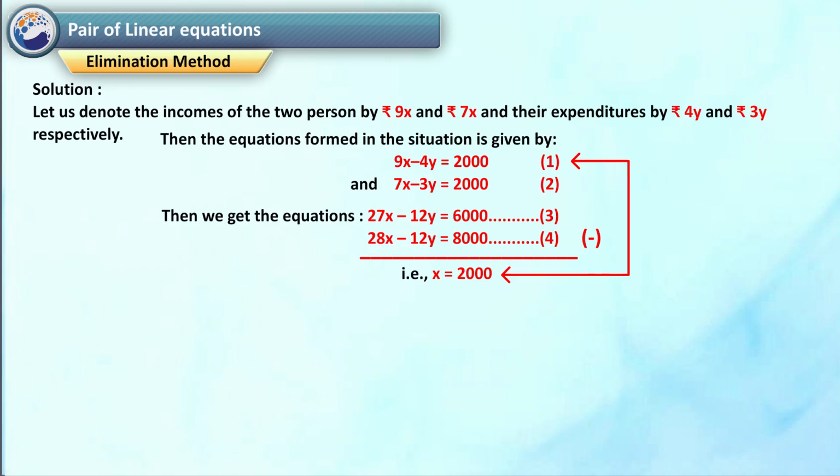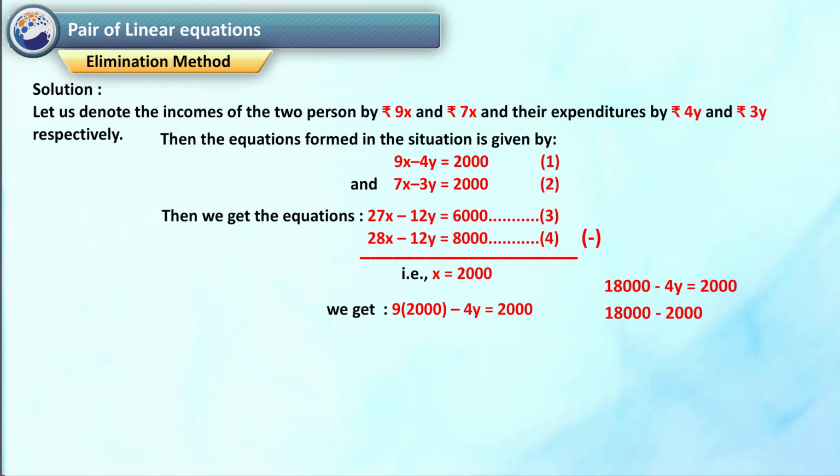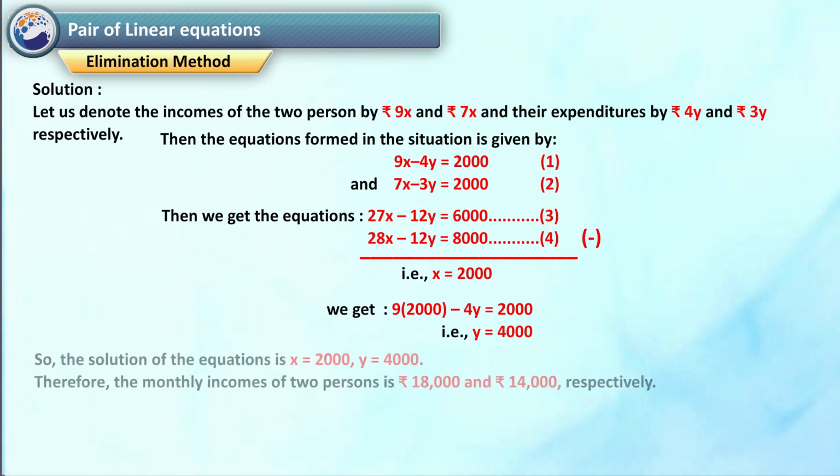Substituting this value of x in 1, we get 9 into 2000 minus 4y is equal to 2000. That is, y is equal to 4000. So the solution of the equations is x is equal to 2000, y is equal to 4000. Therefore, the monthly incomes of the two persons are rupees 18,000 and rupees 14,000 respectively.